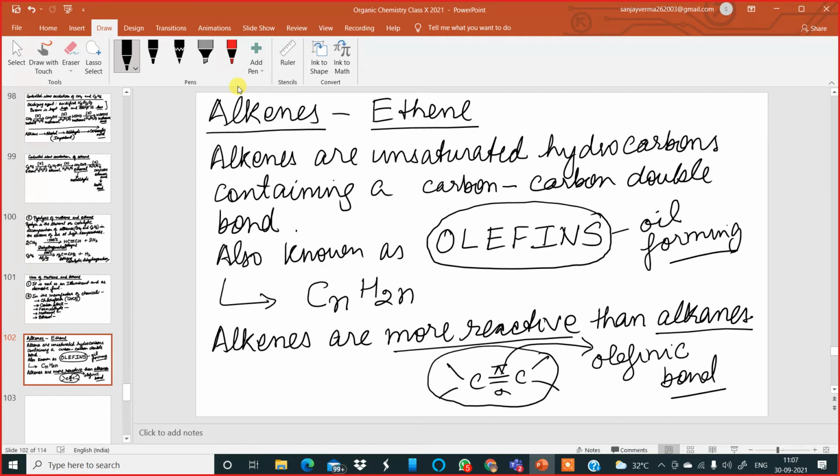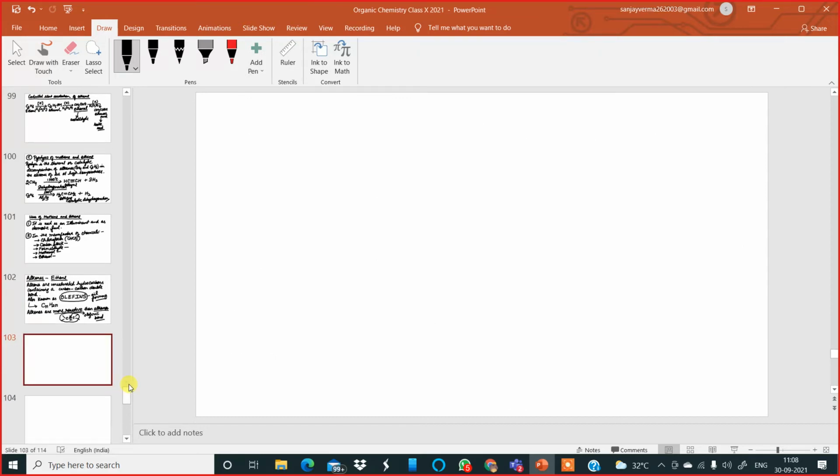Now with regard to nomenclature, I have discussed plenty of examples for alkenes in the previous classes. Now I will straight away move to the preparation of ethene, the lab preparation.